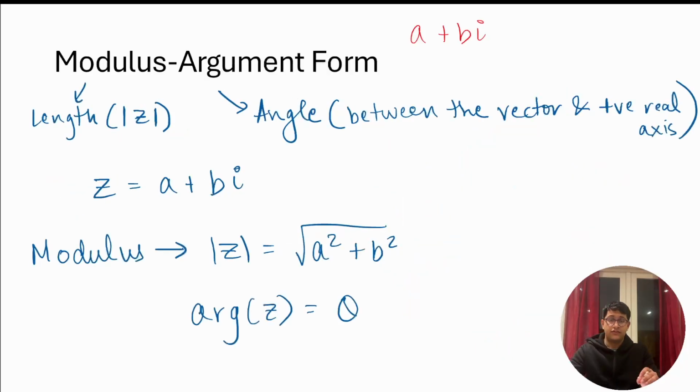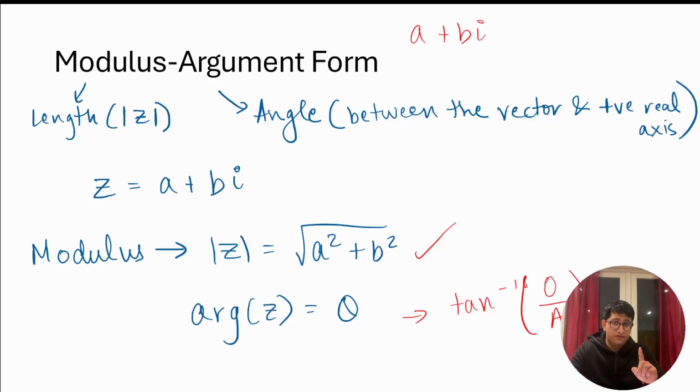So remember this, if you're given a Cartesian complex number, to convert it into modulus argument form, work out the modulus using Pythagoras, and then for the argument, you often have to do trigonometry. And in 99% of cases, it's just going to be inverse tan of the opposite over the adjacent.